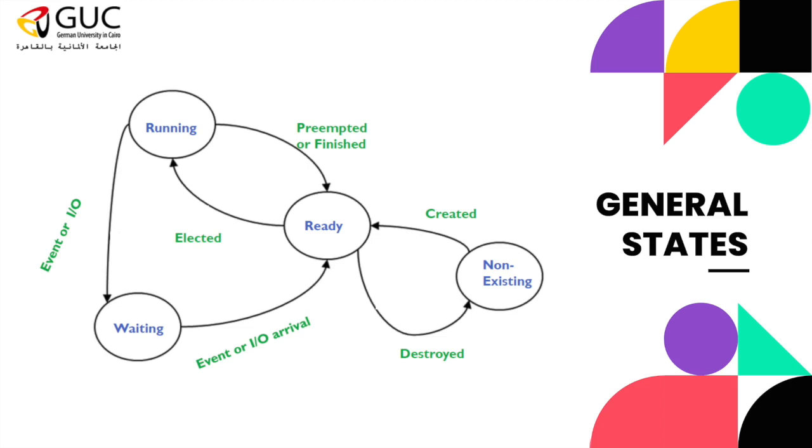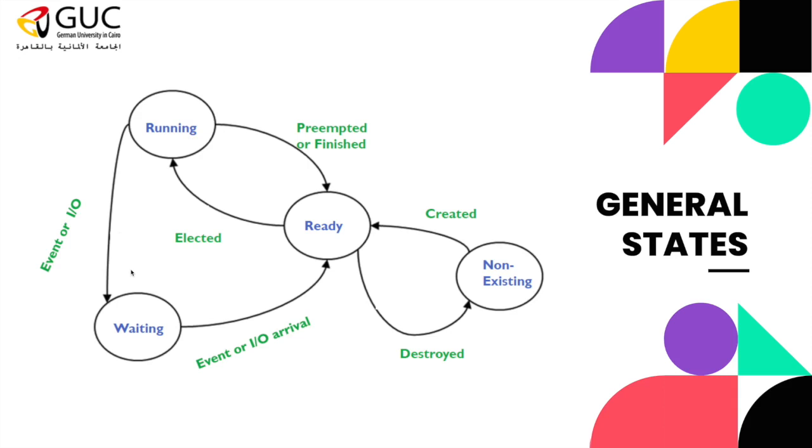However, the printer is not available. Okay, it is actually used, it is blocked by a certain task, or it is not connected. It wants to access the printer and the printer is not available for any reason. Okay, so it will move from the running state to the waiting state.